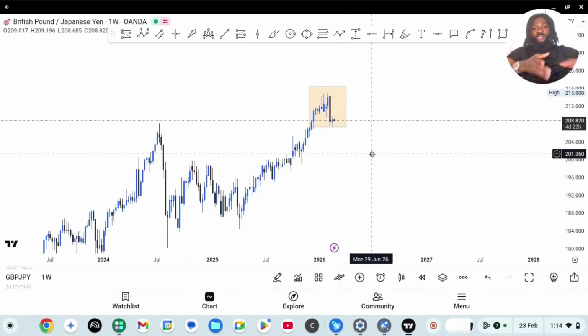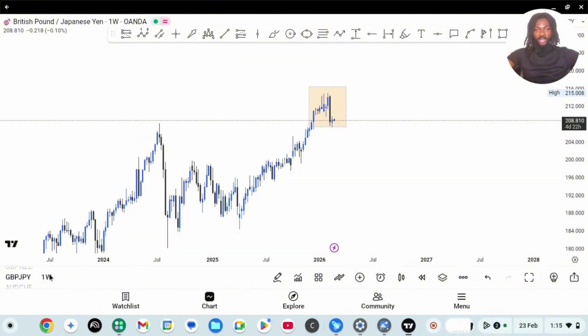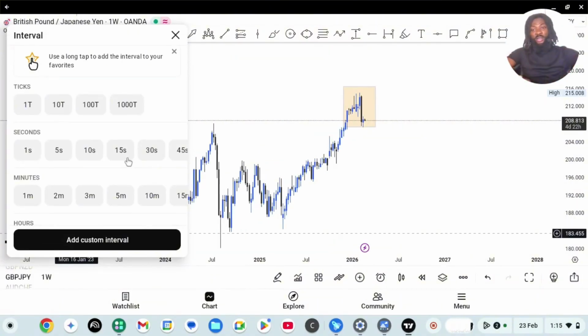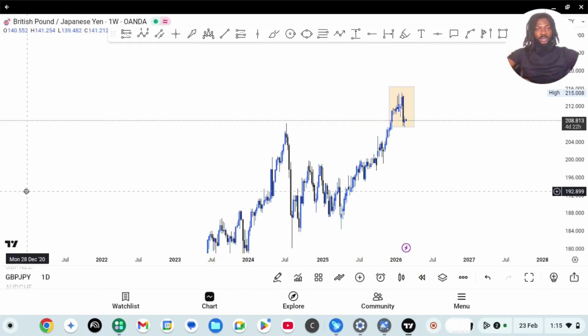What is that telling us? Sellers have taken over the market. The market has changed from an uptrend to a downtrend. This is the information I'm getting just by seeing these candlesticks. We have now established that the weekly is a downtrend. Now let's move down to the daily.